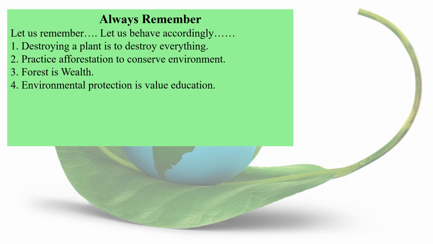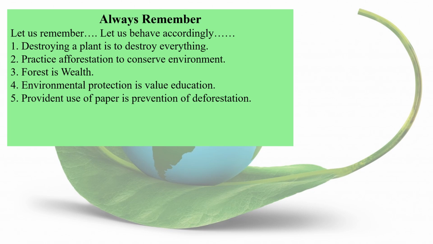So forest is wealth to us. Environmental protection is value education. So you should educate your friends also, your colleagues also, your brothers and sisters, your neighbors, okay, that you need to protect the environment. Prudent use of paper is prevention of deforestation.